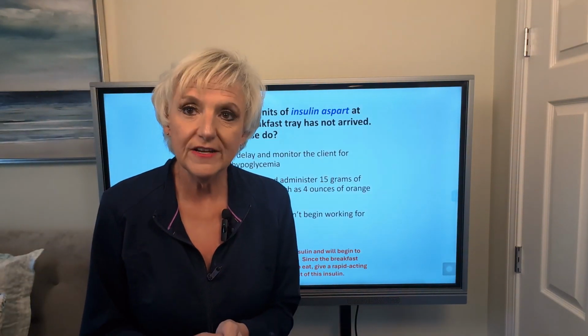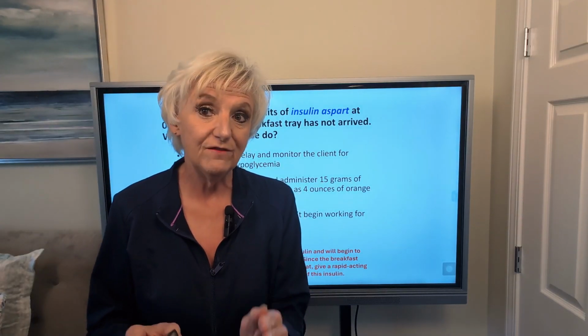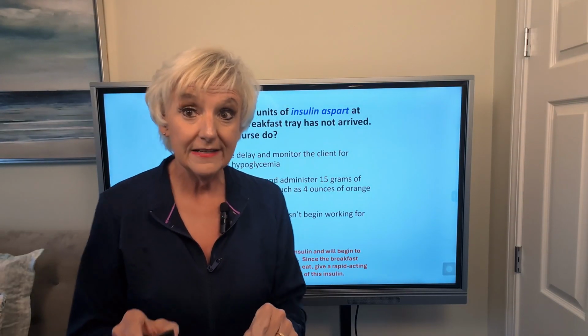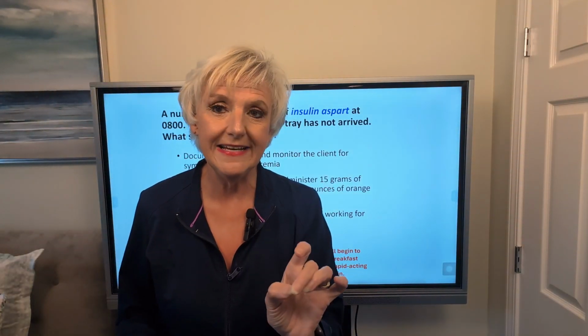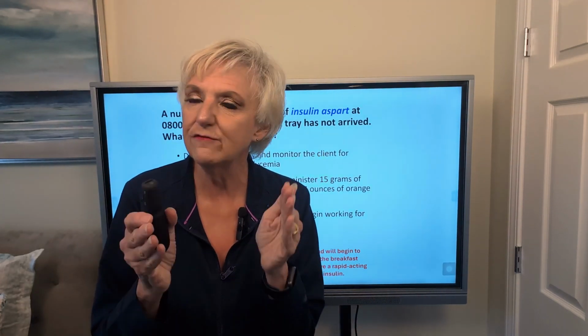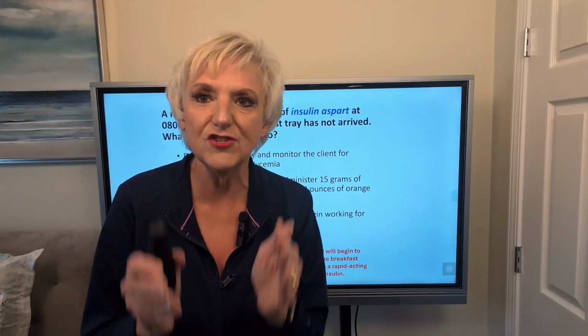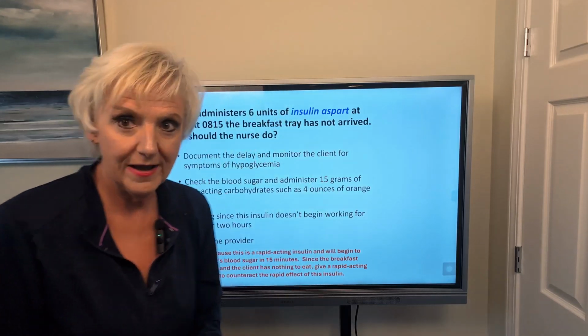It has its onset of action within 15 minutes after you give that shot, and in fact, it is a rule that if you're giving insulin aspart, insulin glulisine, or insulin lispro, that you have that food tray right in front of the patient. Do not give the shot without making sure the food is there. That is a requirement, okay?